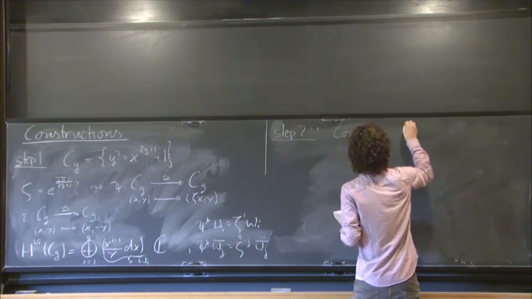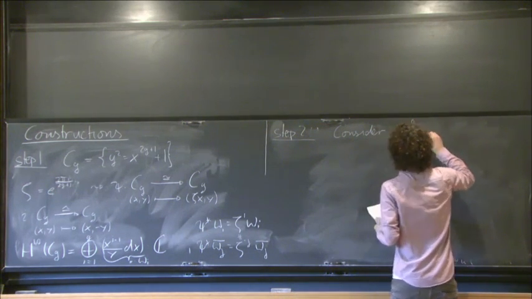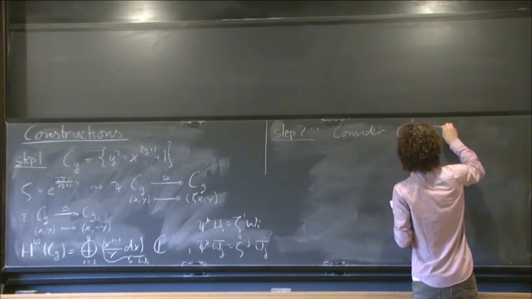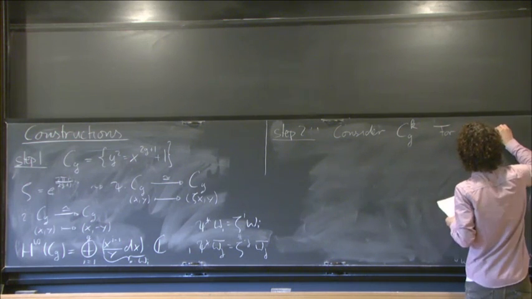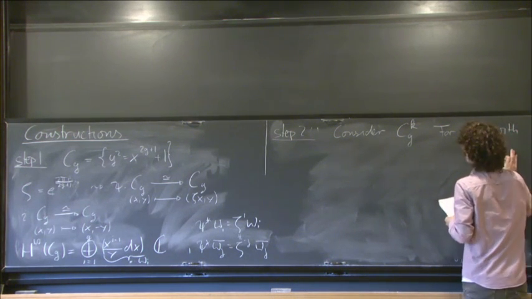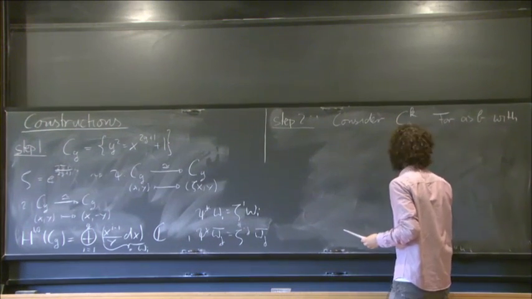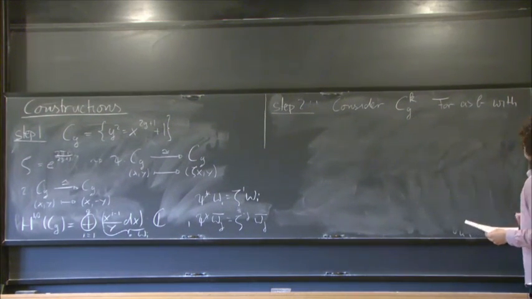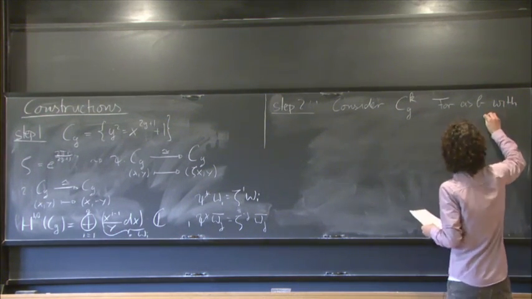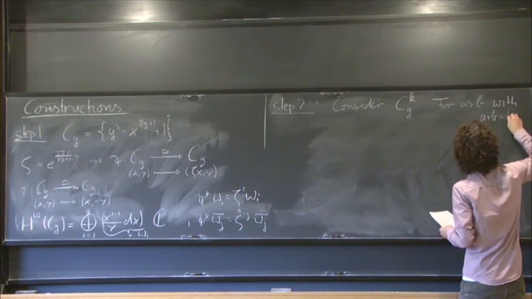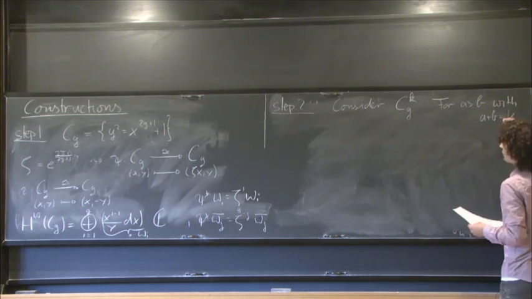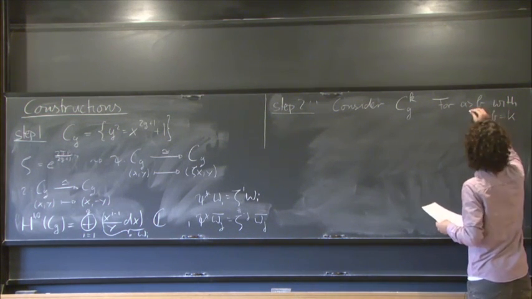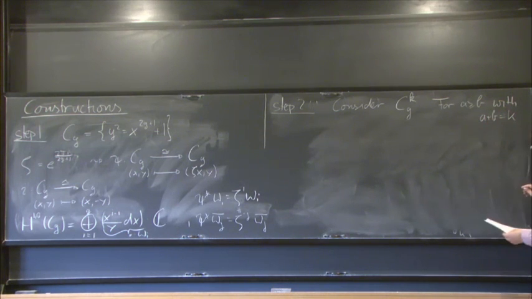where we consider the product of this curve k times. And we choose integers a larger than or equal to b, such that a plus b is k.